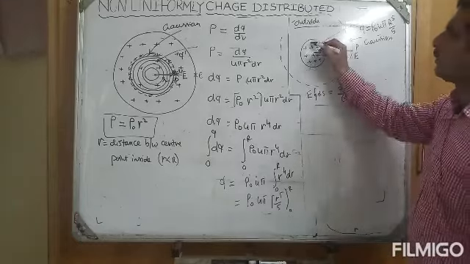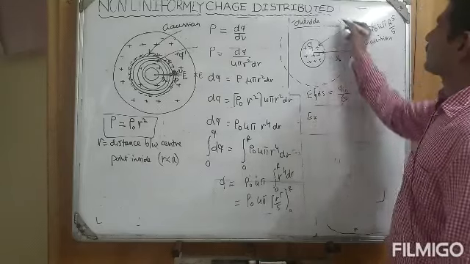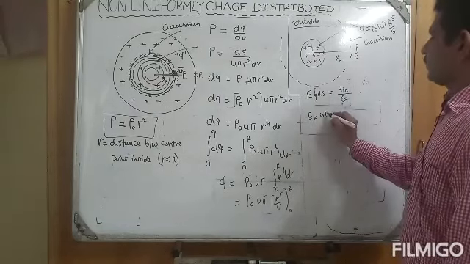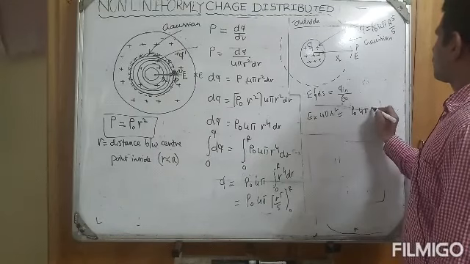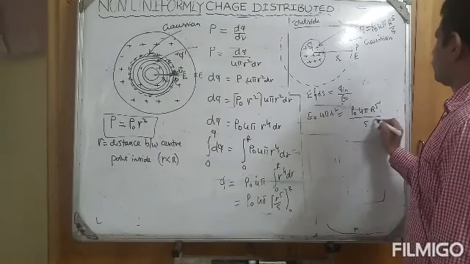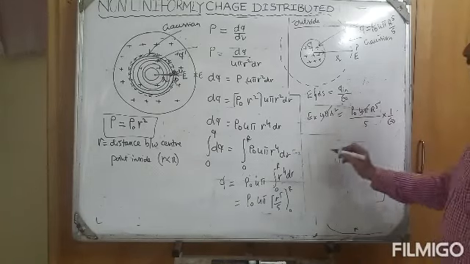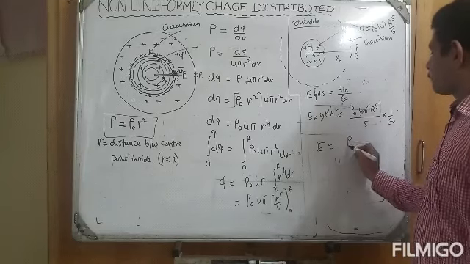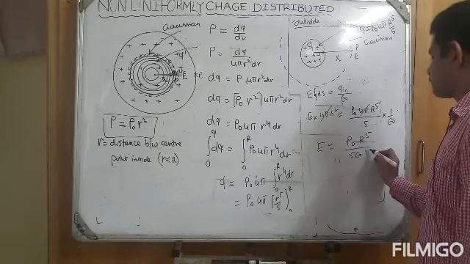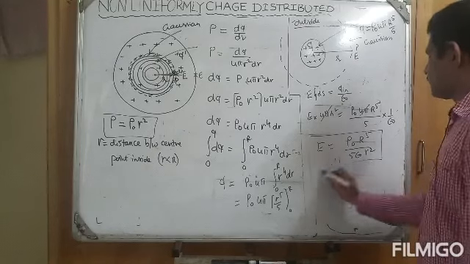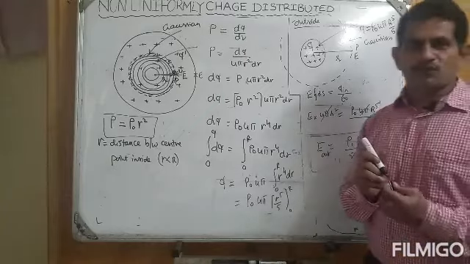Total charge is inside, so E into 4 pi small r square is equal to rho naught 4 pi R power 5 by 5 into 1 by epsilon naught. 4 pi cancels, E is equal to rho naught R power 5 by 5 epsilon naught small r square. This is the outside point. Follow this procedure.